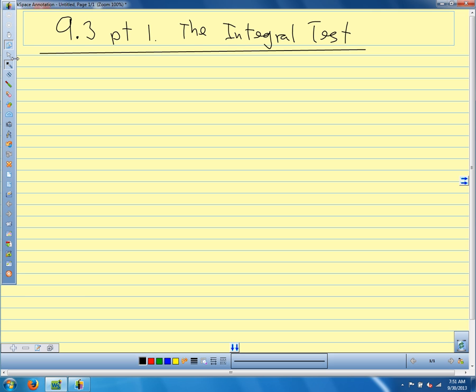That's all we need to worry about for a sequence: does the nth term approach a limit? And one of the tools we used for sequences was we associated the terms of a sequence with a function. If we plug in a positive integer for the function and it's the same as the terms of the sequence, then we can use our rules for finding limits of functions to find limits of sequences. So we can determine if a sequence converges that way.